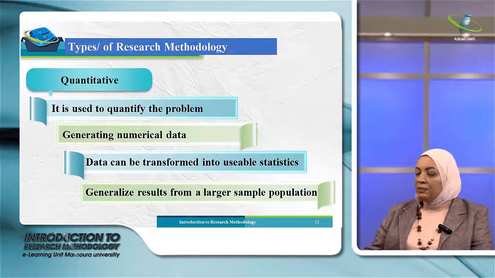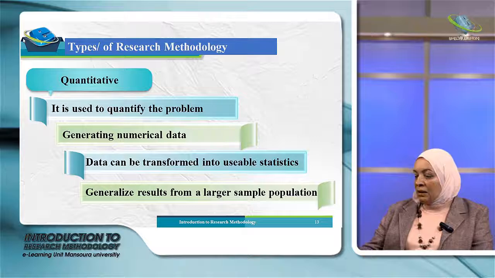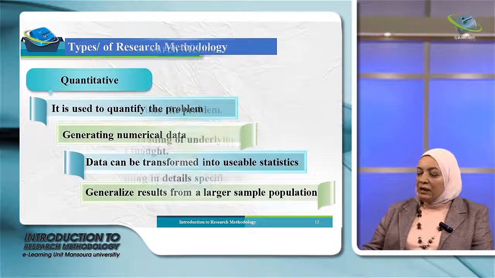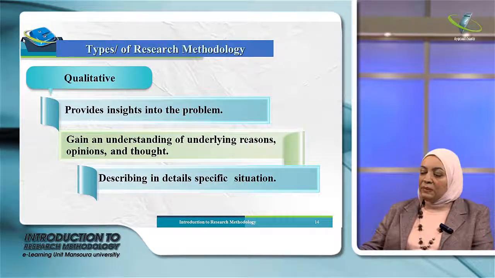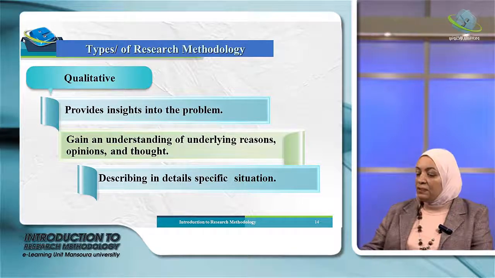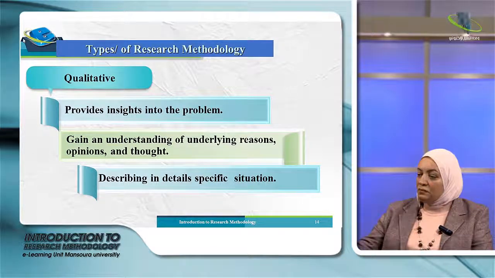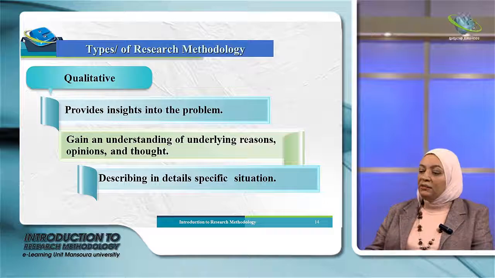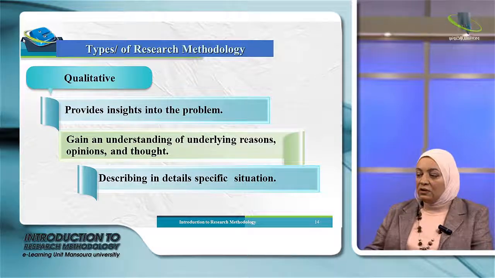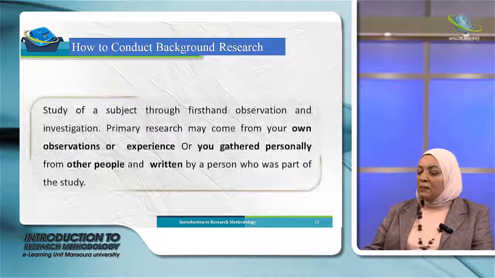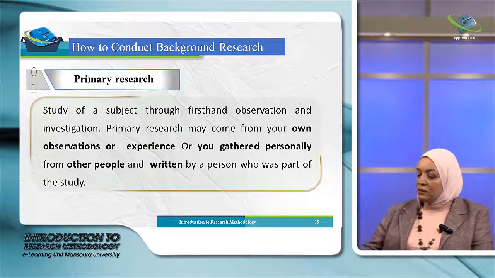Data can be transformed into usable statistics, and results generalized from a large population, because we take a sample size that should be accurate enough to be generalized. Qualitative research provides insight into the problem, gains an understanding of underlying reasons, opinions, thoughts, behaviors, and culture, describing the specific situation in detail.